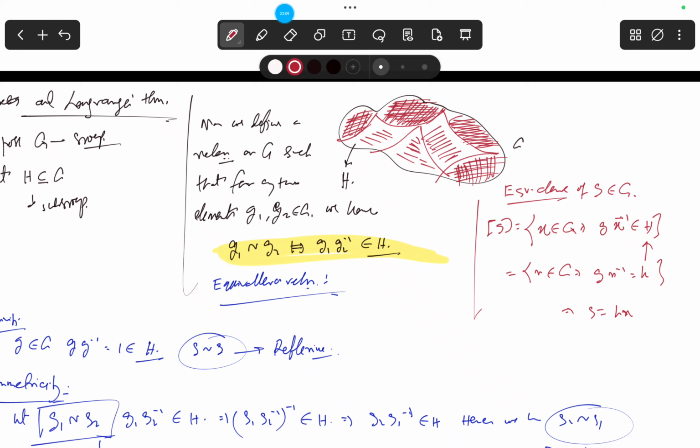So the equivalence class of g is of the form hx, such that h is in capital H.